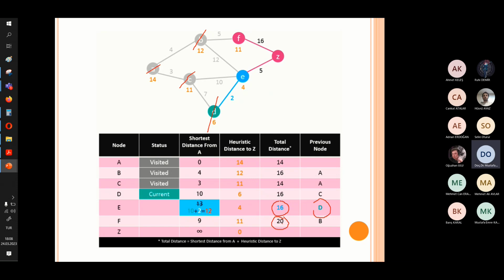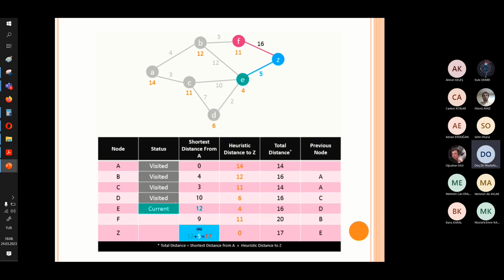Because the algorithm is greedy, we will check E, and the current node will be E. And is there any update from E to Z? There will be an update because Z's value was infinite, and the shortest distance to E is 12.